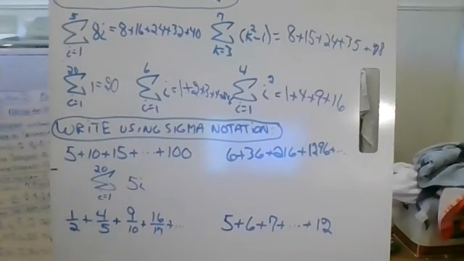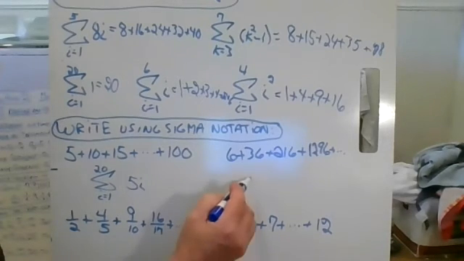So you're going from 1 to 20 of 5i, and we just wrote it in sigma notation. You can see this is a little tougher problem, because you have to come up with that term generator.